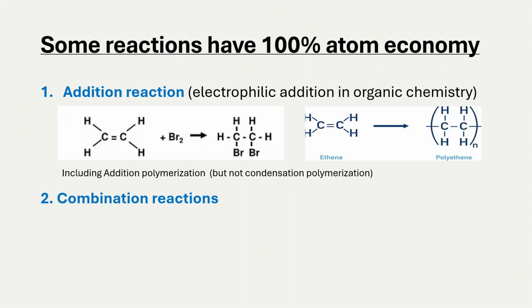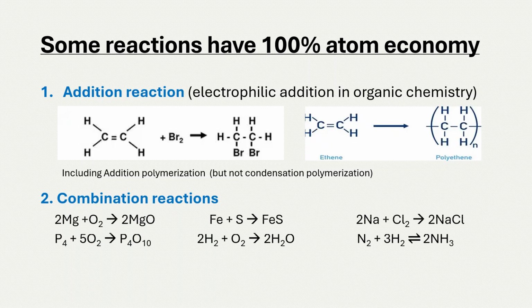The second example is a combination reaction, where elements are combined together to form products. So I've listed a few examples of combination reactions here. Mg plus O2 gives you MgO, iron plus S gives you FeS, and some of them have small subscripts of 2s and 4s and 6s, depending on the charges and how the oxidation number works.